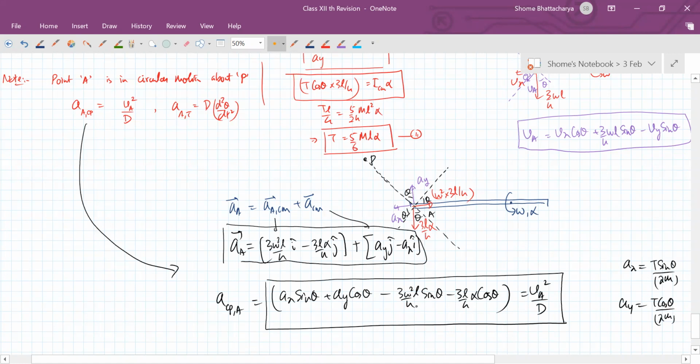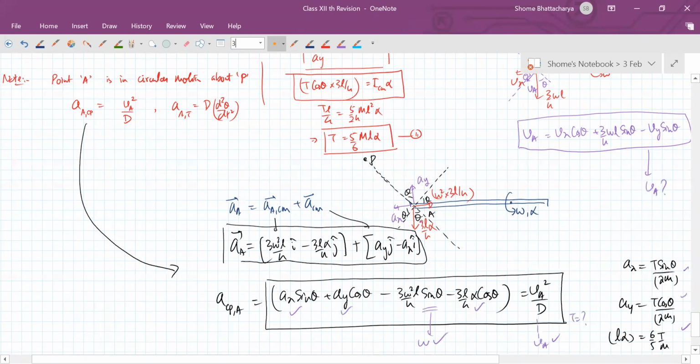Okay, and alpha also can be written in terms of T. So we can see that from equation number 2 earlier, L alpha is equal to 6 by 5 T by M. Okay, so all these three terms, AX, AY, and alpha term, are being written in terms of T. See, and omega square we know. I mean, omega we already know from before. VA we already know because from this equation we'll find the value of VA. Okay, so then from that we can find the value of T.